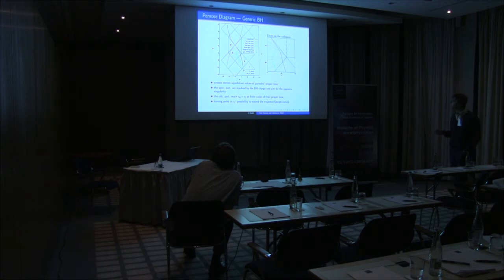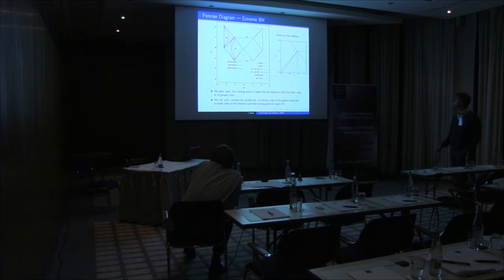We can see the critical particles, which do cross the outer horizon and do reach the inner horizon with a finite value of their proper time. These are the special particles, and they are repulsed by the black hole charge, and they are heading for the other singularity. So this is the extreme black hole case.